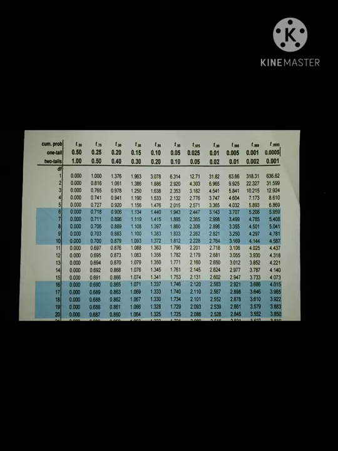It is because the hypothesis is a non-directional hypothesis. It means that it doesn't go right, it also doesn't go left or up or down. So that is a two-tailed test.